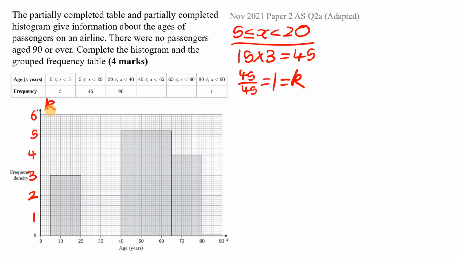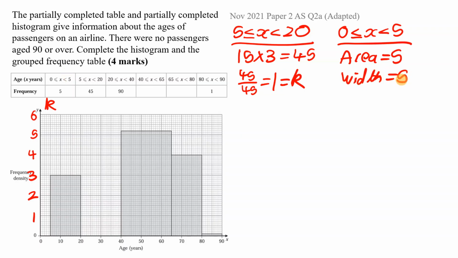Okay, so let's start with the 0 to 5 interval. So this is this here. We know the frequency is equal to 5, so that means the area is also going to be equal to 5. So we need the area of the bar to be equal to 5, and we know the width is going to be between 0 and 5, so the width is equal to 5.